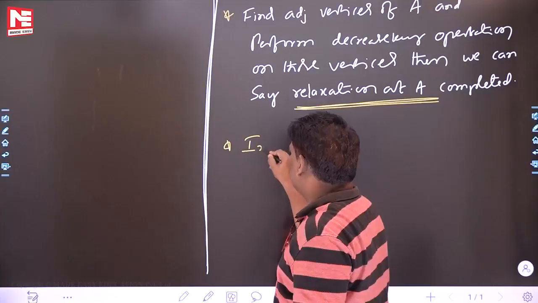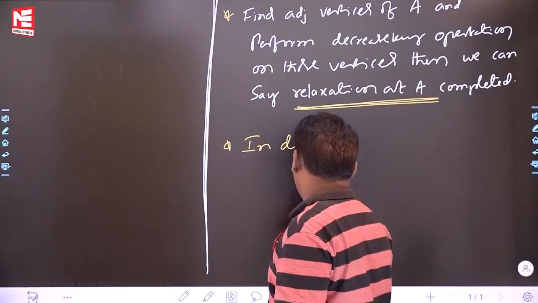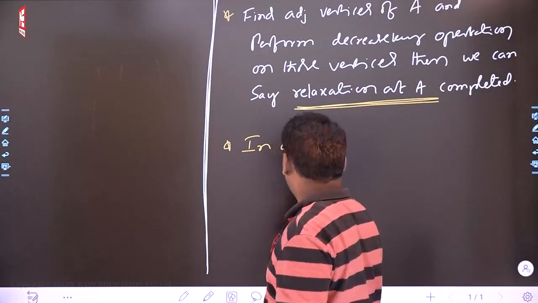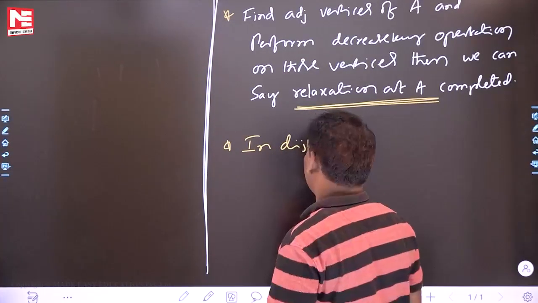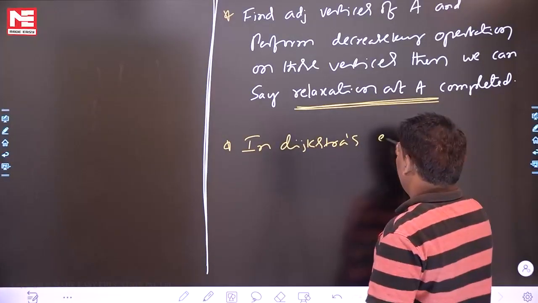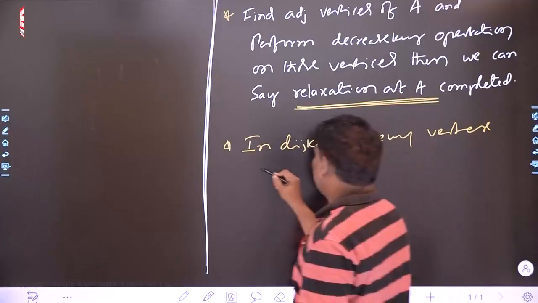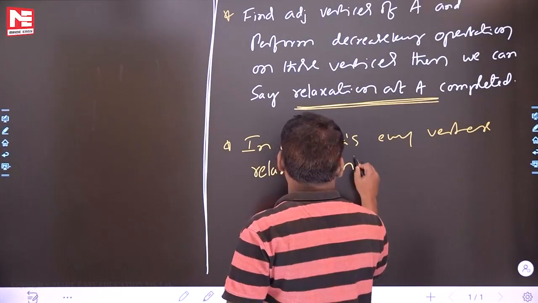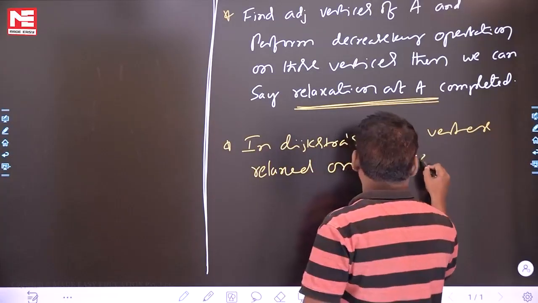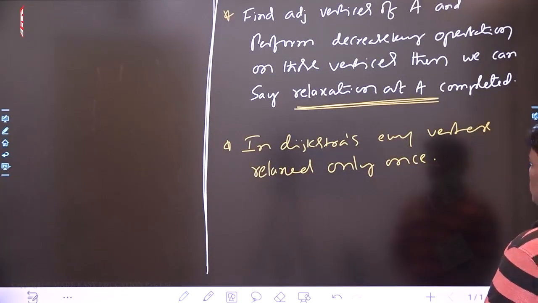In Dijkstra's, every vertex is relaxed only once.